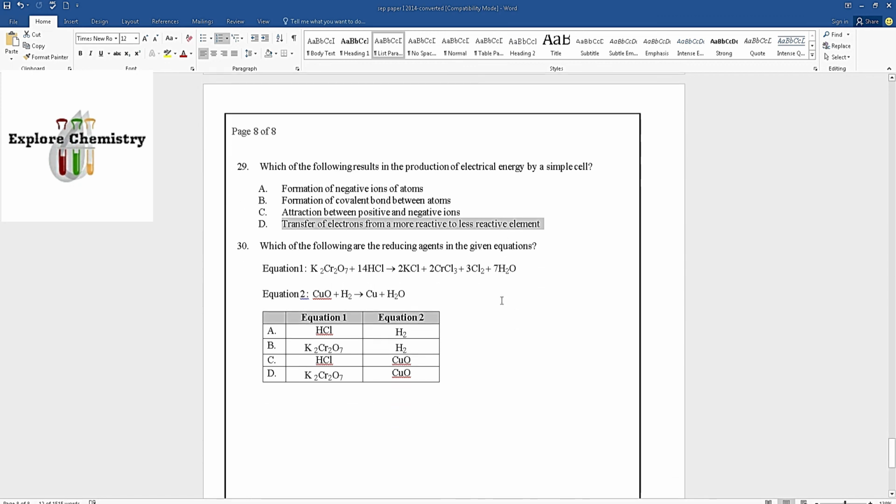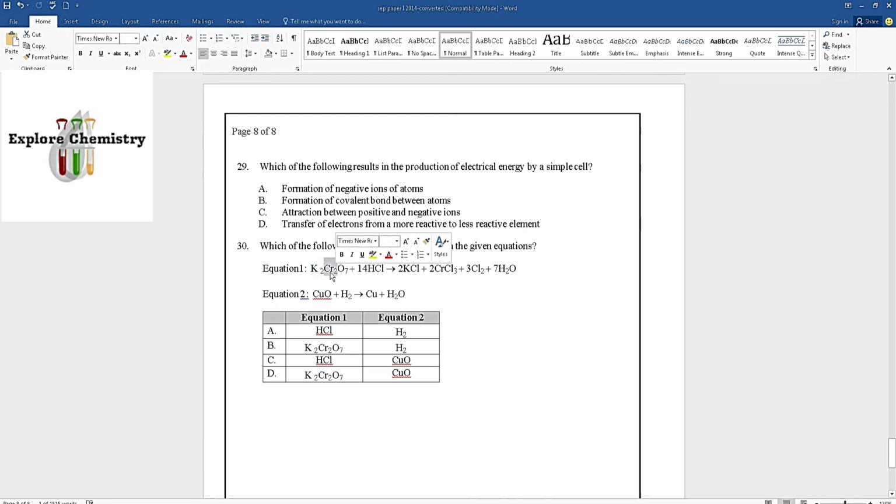Number 30, which of the following are the reducing agents in the given reaction? In both the given equations you have to check reducing agents. Reducing agents are the species which will be oxidized in the reaction. So let's check. Chromium oxidation state: oxygen 7, means oxygen minus 14, potassium plus 2, chromium 2 will be plus 12.